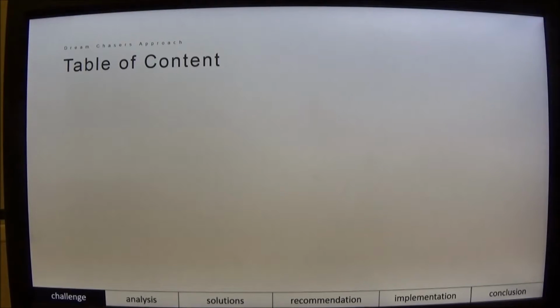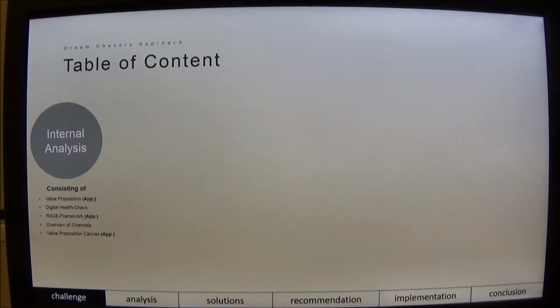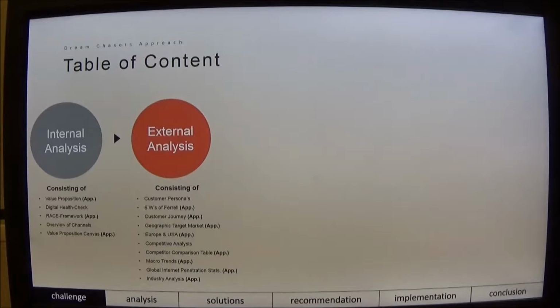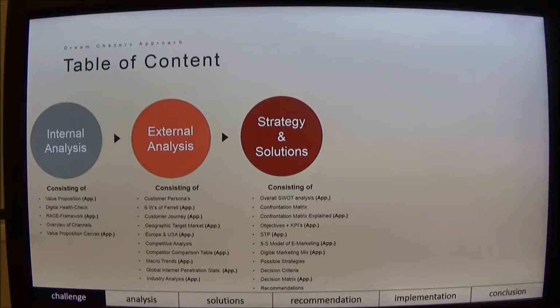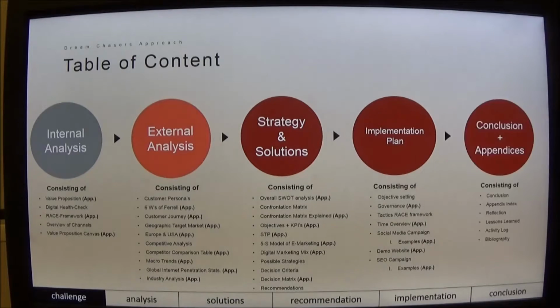So first things first, looking at the table of content, the presentation is set up in the same order. So first there will come an internal analysis, and then external. Then, based on the internal and external analysis, I will come up with a strategy and the solutions, how to implement this in the business, and I will wrap it up, and afterwards you can find all the appendices.